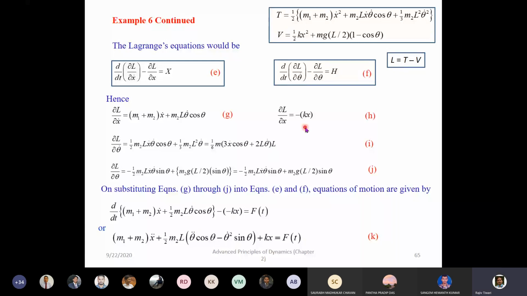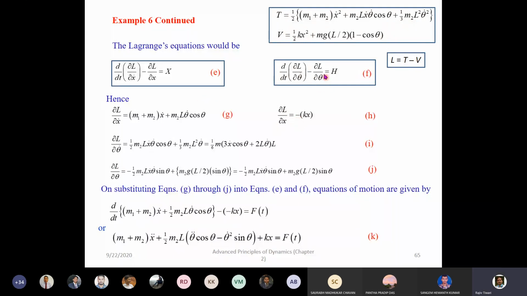Now here we have del L by del x. If we differentiate this with respect to x, the first term, kinetic energy, will not contribute anything. In potential energy only here x is there, so that will be kx, with a minus because L is T minus V and V is in the minus one, that's why this minus is coming.